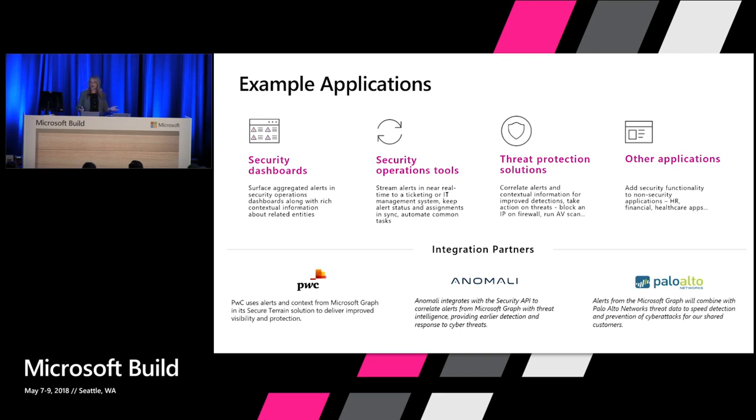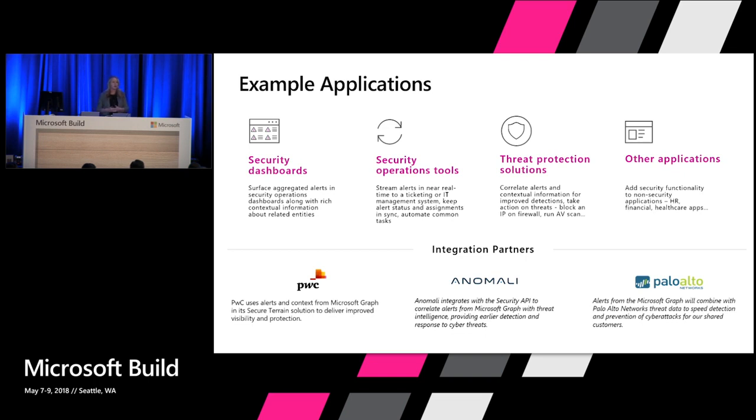Threat protection solutions can certainly take advantage of the API to correlate alerts and contextual information to improve their detections. So, for example, a threat protection solution may have its own low fidelity alert. They've detected something that looks a bit malicious, but it's not clear if that's a true positive, a real attack, something that's really actionable to them. So they may want to correlate that low fidelity alert with other alerts that are being triggered by other systems to maybe boost the fidelity or their confidence that an attack is underway.